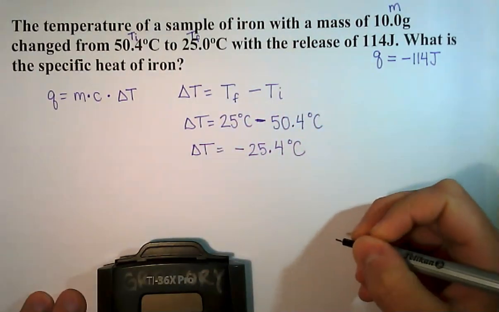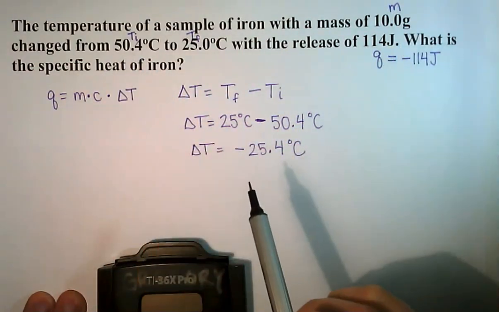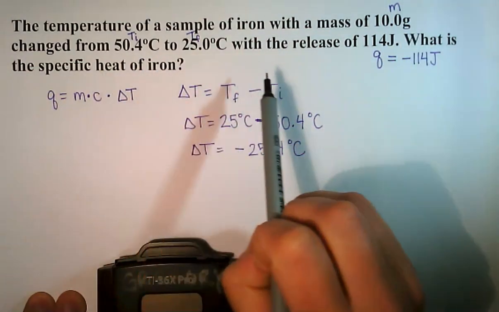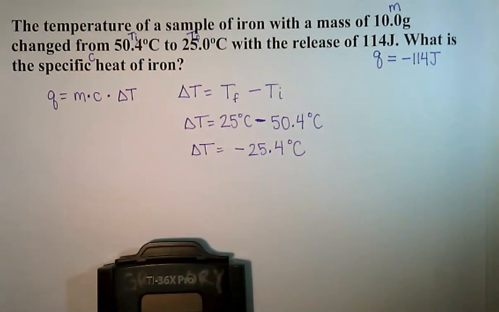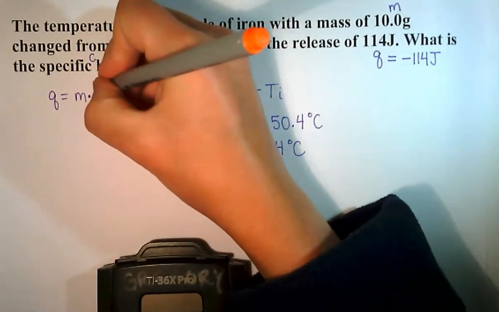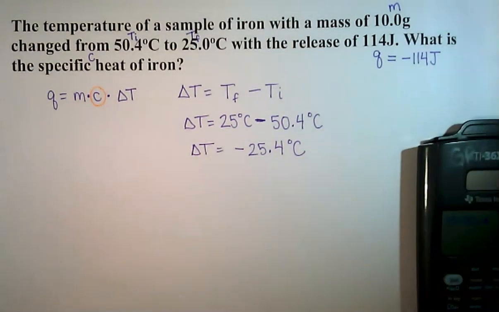So we have our M, we have our delta T, we have our value of Q, and it says what is the specific heat, so we are looking for C. So we're trying to find our value of C in this equation. So let's substitute in some values here.